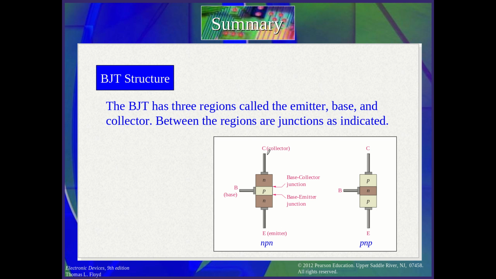If you read here where the beta DC is, it is almost the same everywhere here. If you divide the IC over the IB, as you increase the IB, the IC increases, so this keeps the same value everywhere.